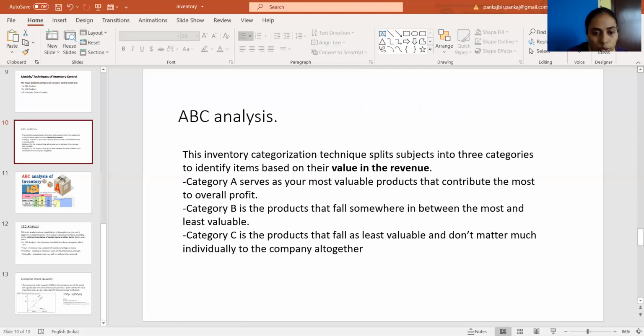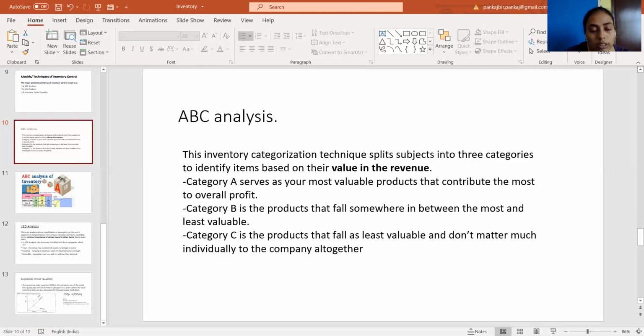So first we move on to ABC analysis. This ABC analysis is a widely used classification technique to recognize different items of inventory for the purpose of inventory control, which is based on the assumption that a firm should not exercise equal attention to all the items in inventory. So an organization needs to classify the inventory, and the basis of the classification is value in terms of revenue.